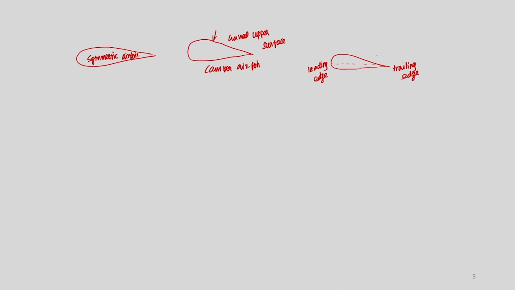The line which connects them is called the chord length. Then we connected the upper surface with the lower surface, and that we call the thickness. If you take the middle points of the thickness lines and connect them, you get the camber line.